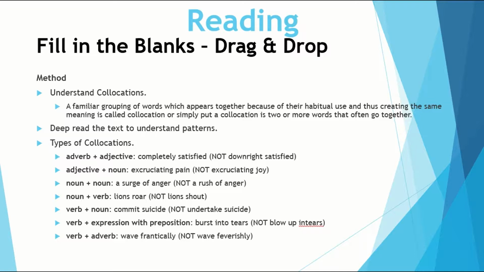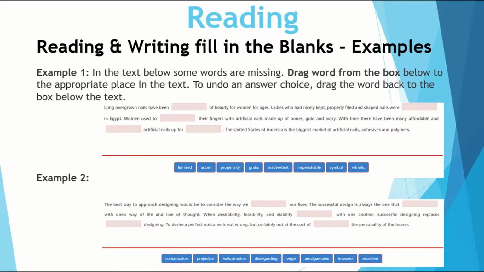Okay, now before we get into the details of the method, let's just quickly look at the examples here so you get a quick understanding. So here's what your question will look like. Look at example number 1. It says, in the text below, some words are missing. Drag words from the box below to the appropriate place in the text. To undo an answer choice, drag the word back to the box below the text.